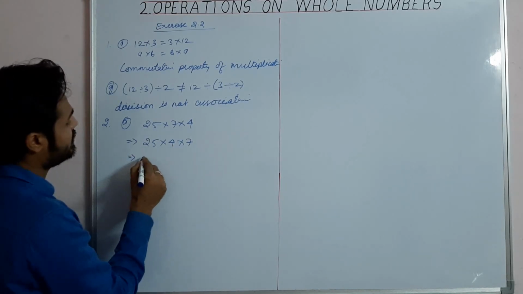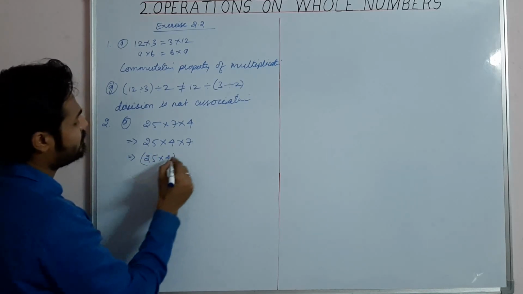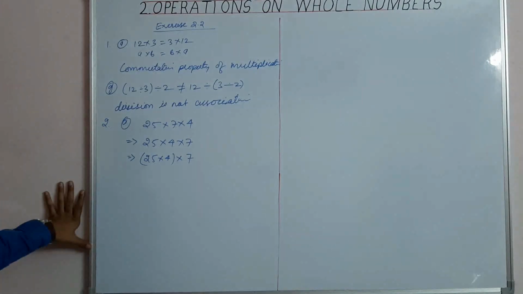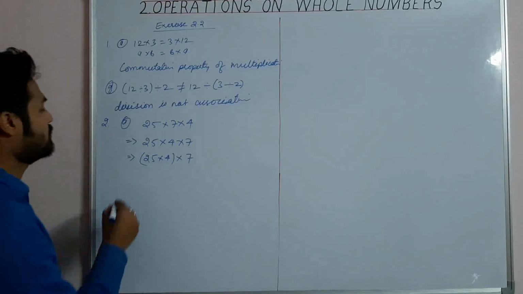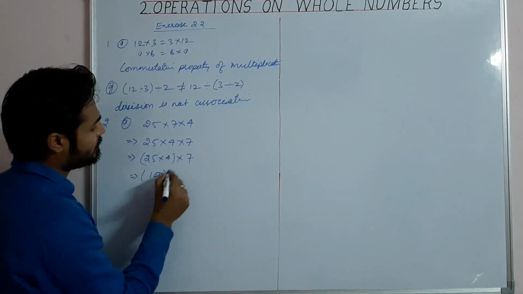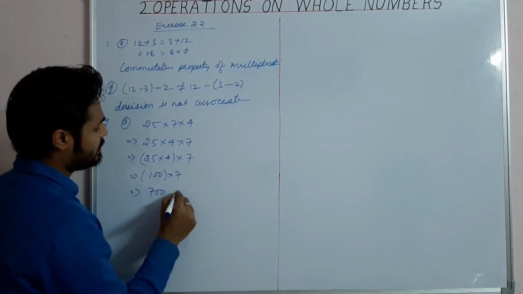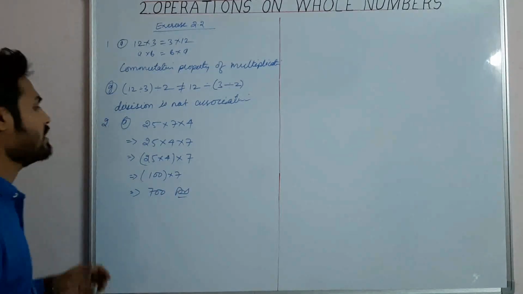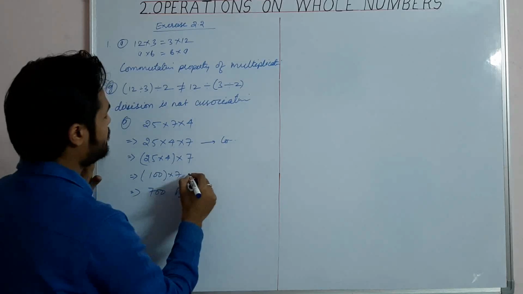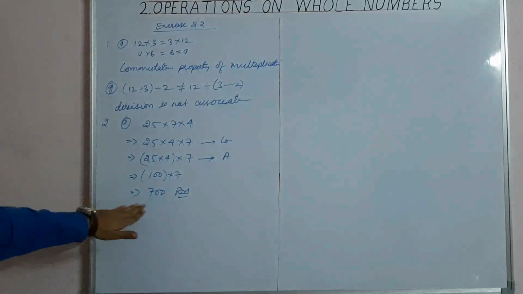Again, using the associative property, we'll group 25 and 4, and then we'll write 7. By doing this, what we are going to get is simply 25 into 4 is 100, into 7 is 700. So 700 is the answer. In the first step, we have used the commutative property, and in the second step, we have used the associative property.